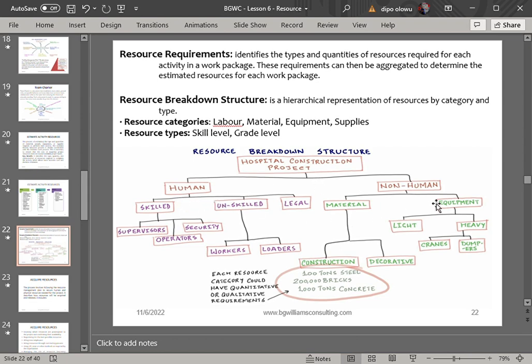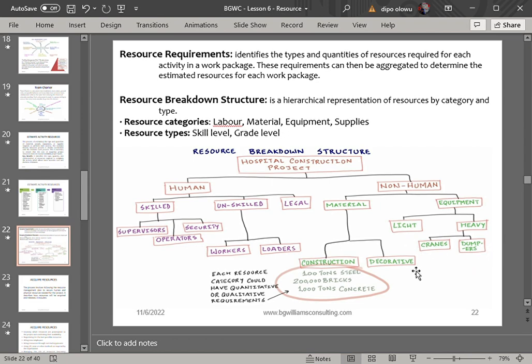human and non-human. Under the non-human, you can see material and equipment. You see the breakdown. Under material, you now discover that you also need resources for construction and decoration. And what do you need under construction? You see all the resources needed under construction. Under equipment, you can see light equipment, heavy equipment, crane and dumpers.